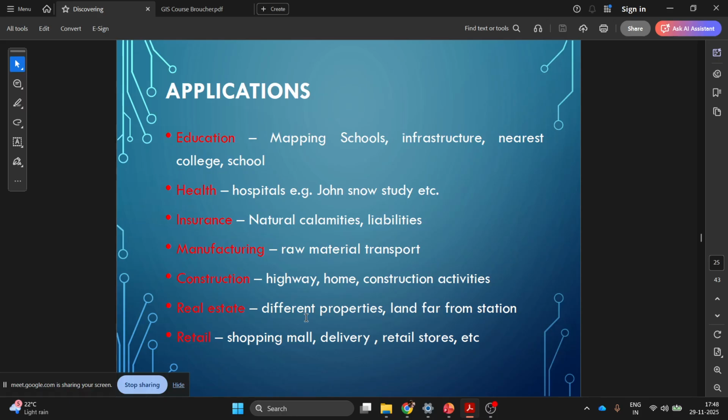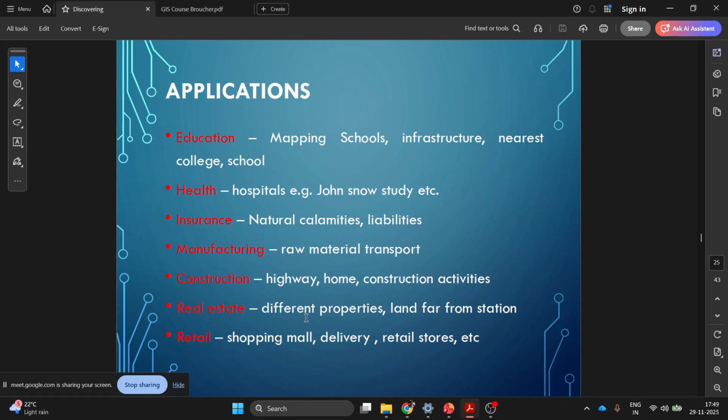So using GIS, I can have an idea whether that location is good, whether it has any problem. So it can also solve real estate problems, that is, the buying of different properties, and whether the land is far from a station or a school or something like that.